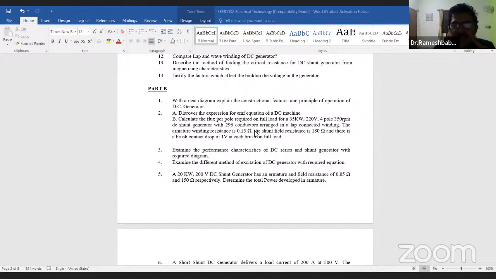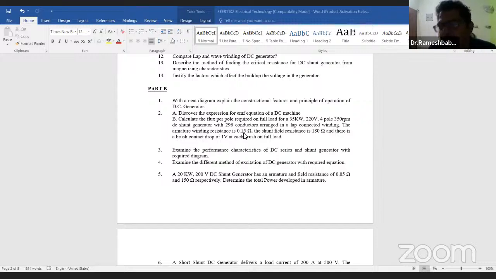Next question: calculate the flux per pole on full load of a 35 kilowatt, 220 volt, 4 pole, 350 rpm DC shunt generator, with 296 conductors arranged in lap connected winding. The armature winding resistance is 0.15 ohm, the shunt field winding resistance is 180 ohm, and there is a brush contact drop of 1 volt on each brush on full load.